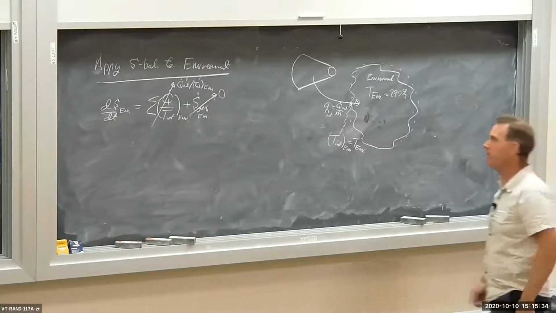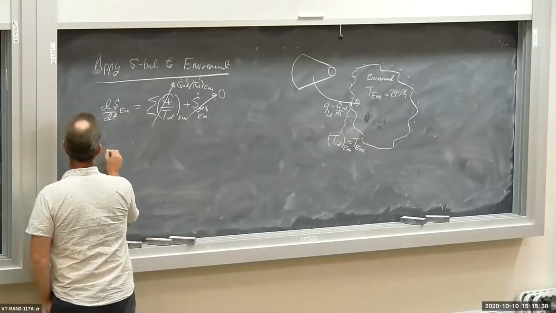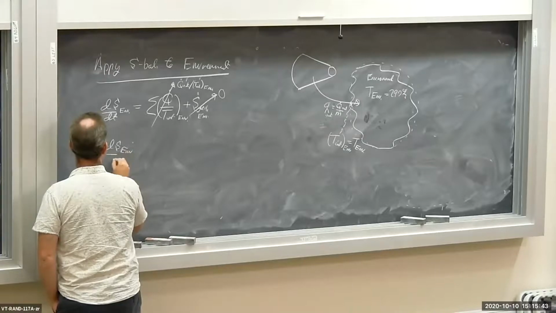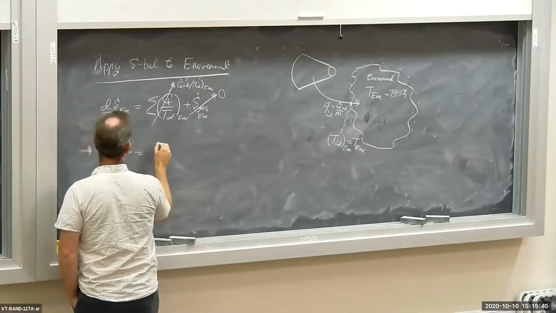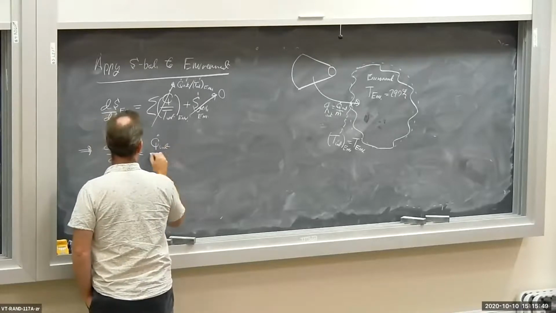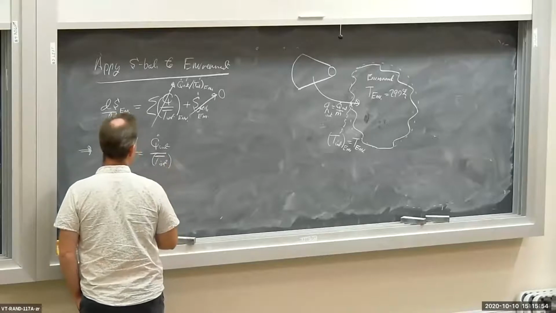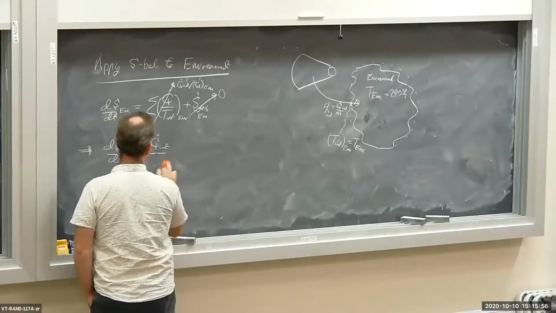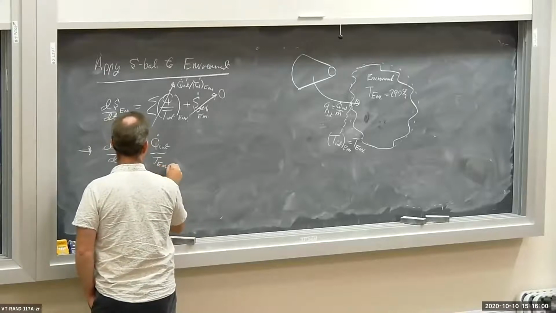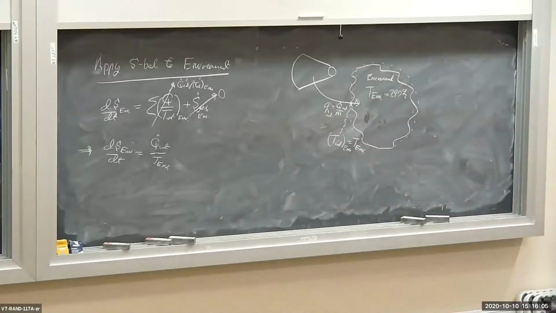Okay, so this tells me that the rate of change of entropy of the environment, dS environment/dt, is equal to Q dot out over the environmental interaction temperature, which is the environmental temperature. The interaction temperature is equal to the environmental temperature for the environment.